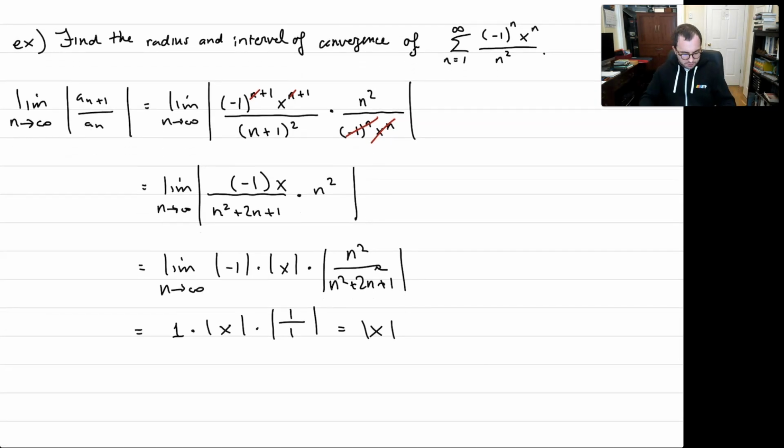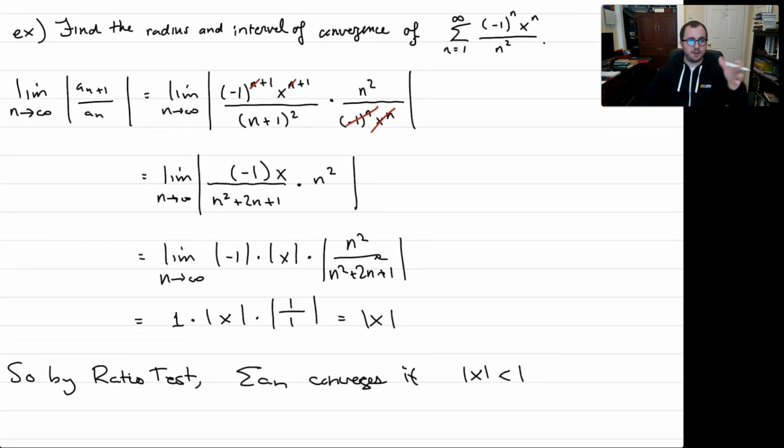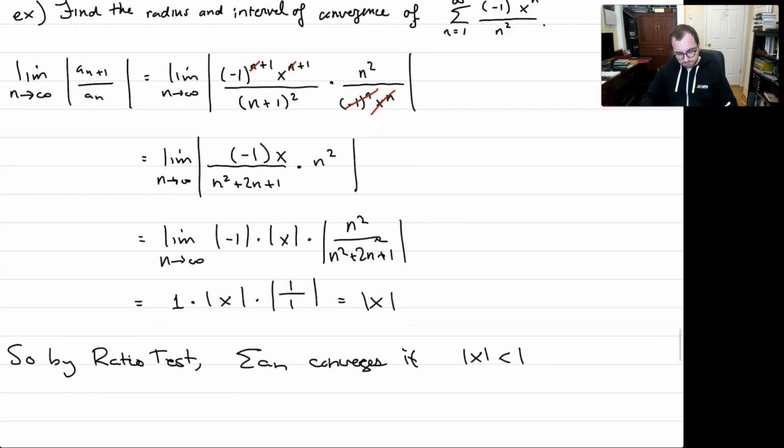So by the ratio test, this series converges if the absolute value of x is less than 1. Because if the limit of absolute ratios is less than 1, you have a convergent series by the ratio test.